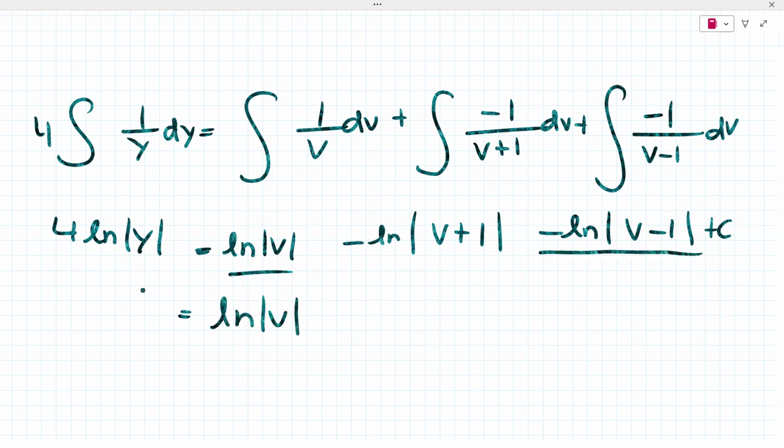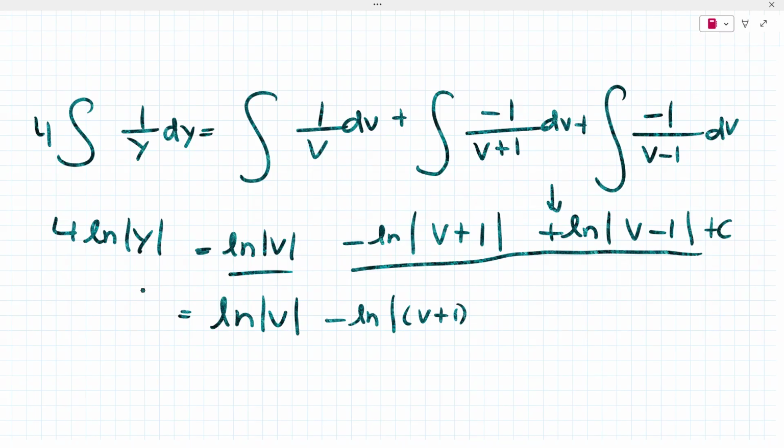This one, remember when this is expanded, if we want to condense this into one natural log, well, when you're minusing, you're really dividing. So it's going to be minus ln of absolute value of V plus 1 times, actually, this should be a plus because there's an extra minus here.